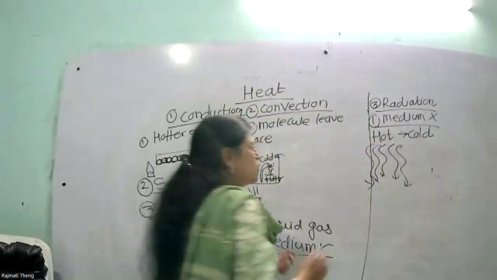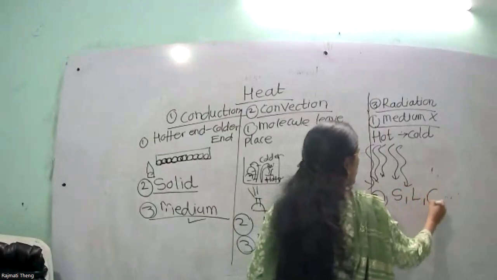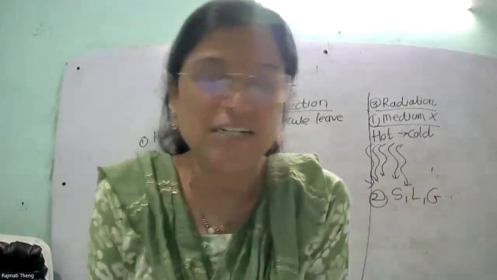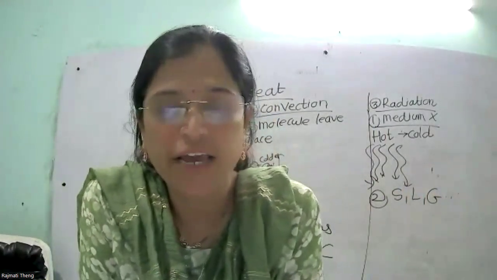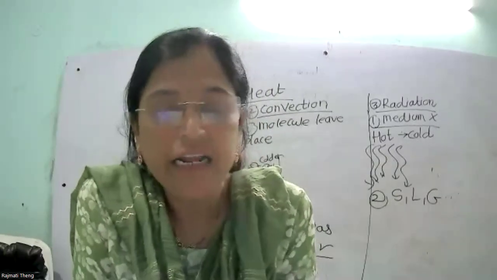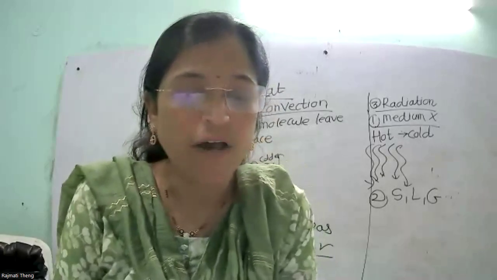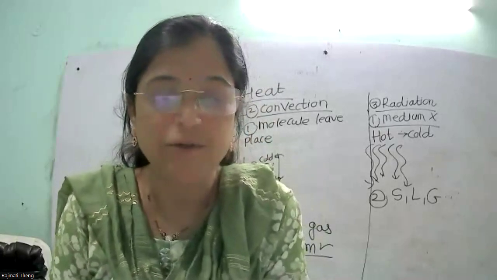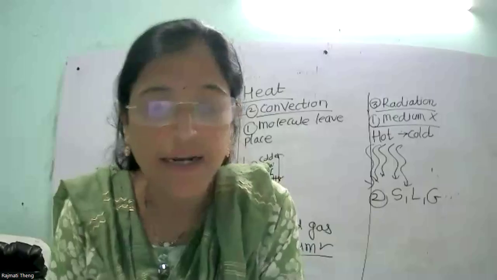Now this radiation happens in solid substances, in liquid substances, and in gaseous substances too. All hot objects, solid, liquid, or gas, emit radiation, and when radiant energy falls on an object, some amount of heat energy is absorbed and some amount of heat energy is reflected.